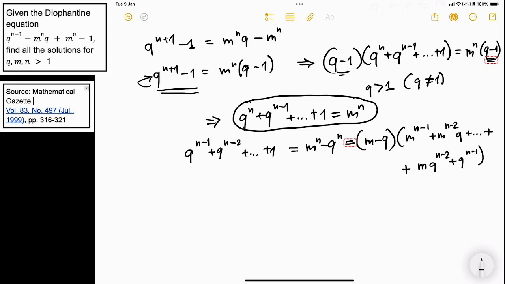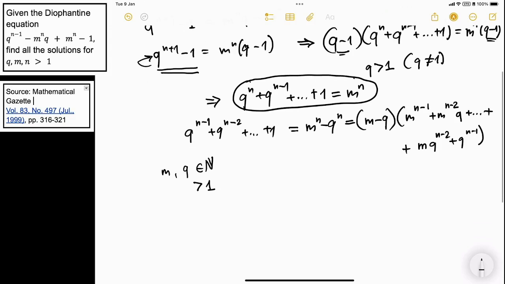This is an interesting one. Again, we assume that m and q are integers and both of them are more than 1. We have this m minus q here, right? So let's see, can m minus q be less than 0? No, it cannot.